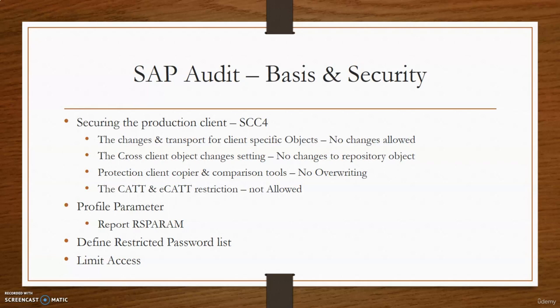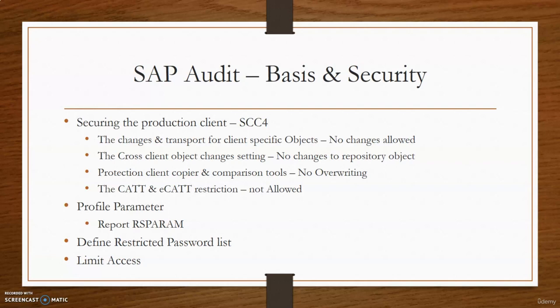Then minimum password uppercase, minimum password special characters, minimum password lowercase, then multiple logins for users. There are many parameters which an auditor should check and cross-check against the policy and the market standard. By default, the value for minimum password digits is 0, the minimum password length is 0, and many other such configurations. So it should be changed as per the requirement.